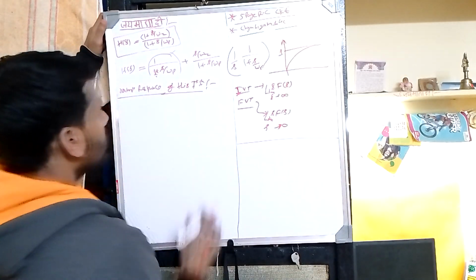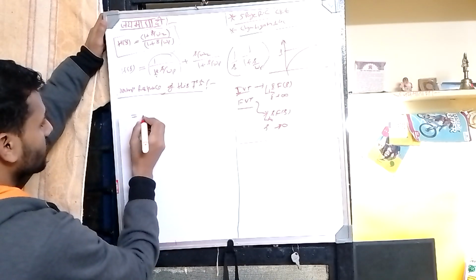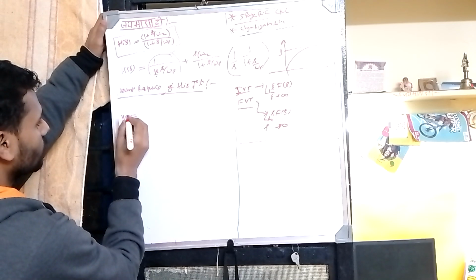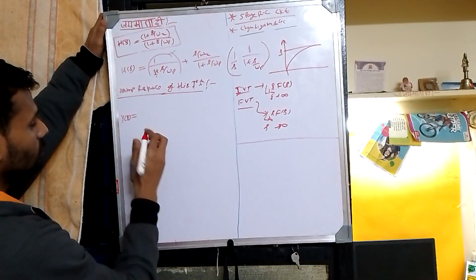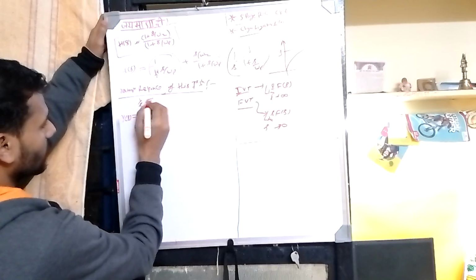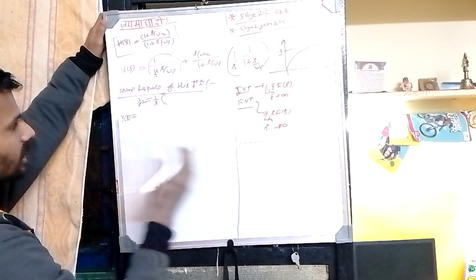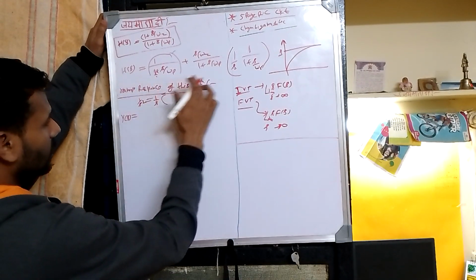And for this H(s), for the ramp response, I'll multiply with 1 by s square. So from the 1 by s square, I'll take 1 by s, and multiply that 1 by s in the inside term.